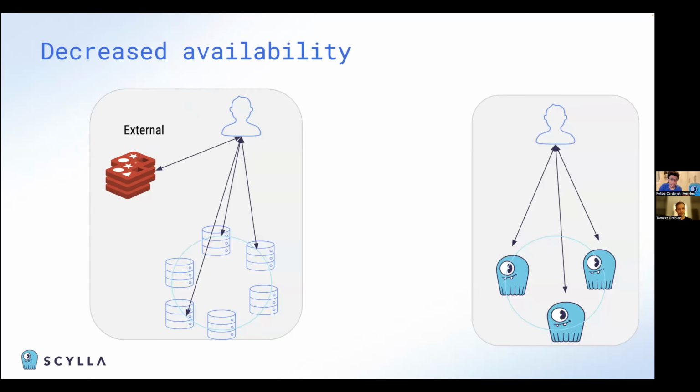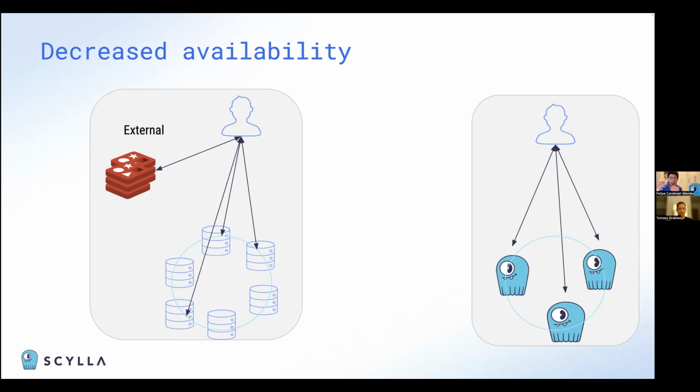All right. The next topic is the fact that an external cache reduces your availability. And this happens due to three main aspects. First, if your external cache goes down, your application will need to handle that situation and know how to fall back to your database.